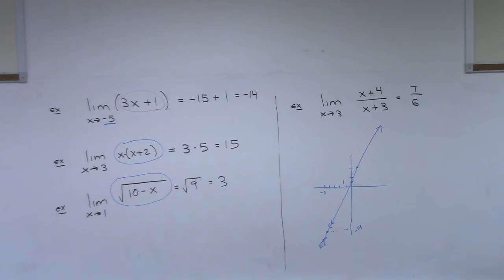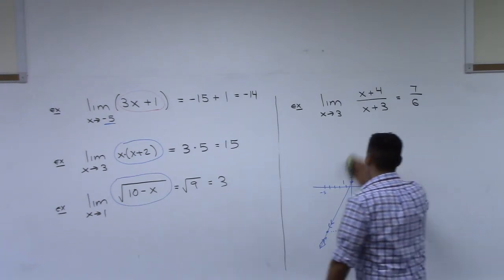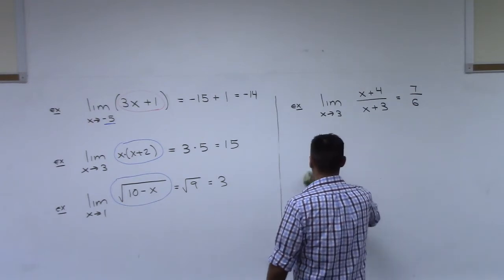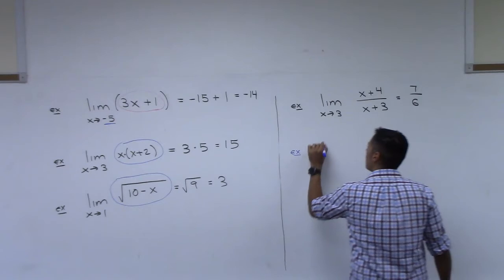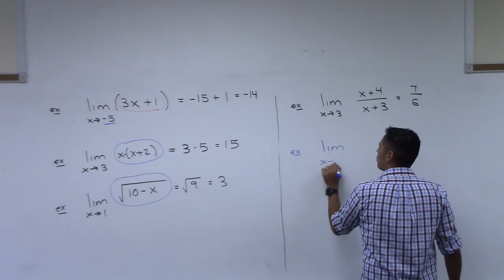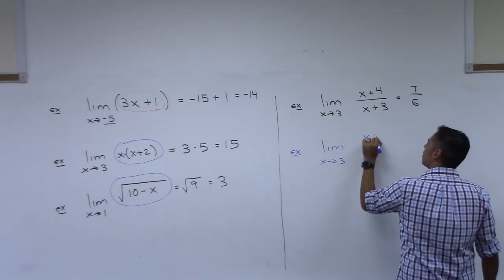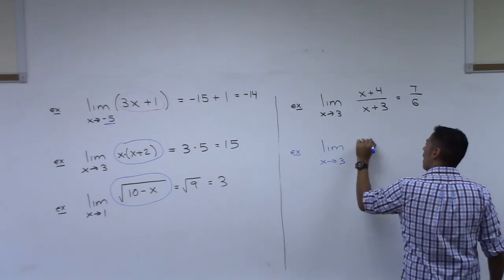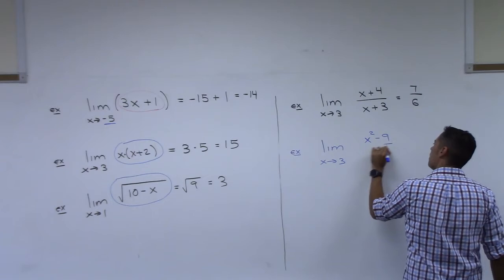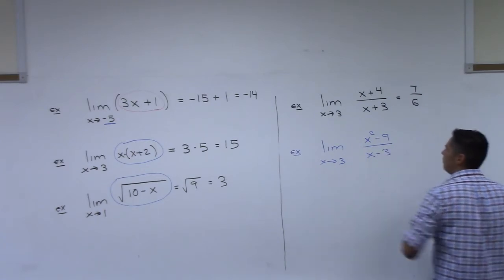Make sense? So far we have not run into any real big issues, just plug in, until we get to this one. Limit as x approaches 3, x plus 4. Let's not do that one. Let's do x squared minus 9 over x minus 3.